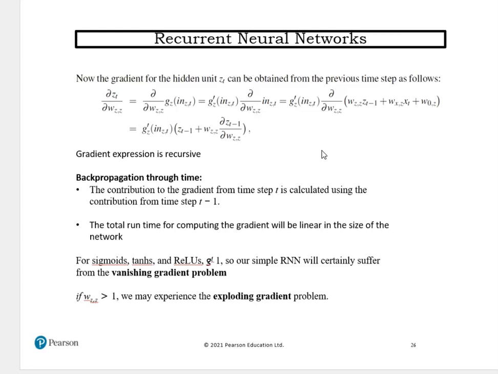So if we order the calculations the right way, then the total runtime for computing the gradient will be linear in the size of the network. So this algorithm is called essentially backpropagation through time because we start at time step t and then we go backward, calculate the gradient at t minus 1.